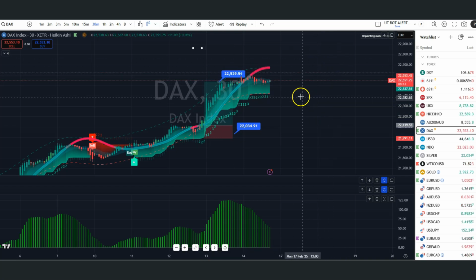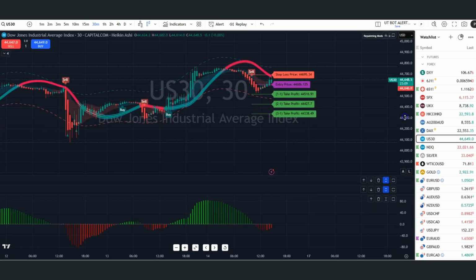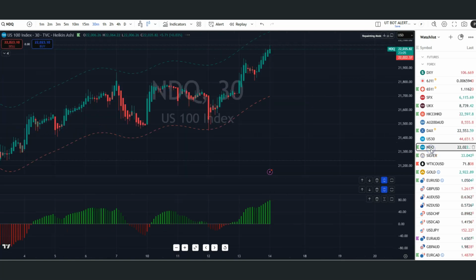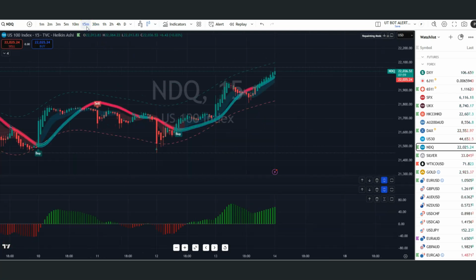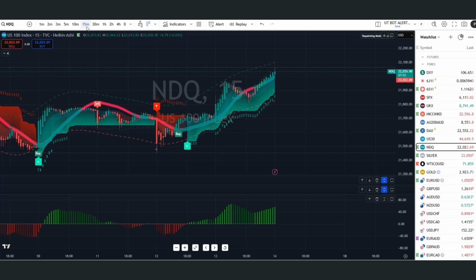So when it does that, then just avoid the trade completely. Dow Jones index sideways, looks like a sell is likely. Nasdaq, yeah, bullish. Nasdaq is bullish with a level 2 signal. No signals coming up yet because of low volumes probably.